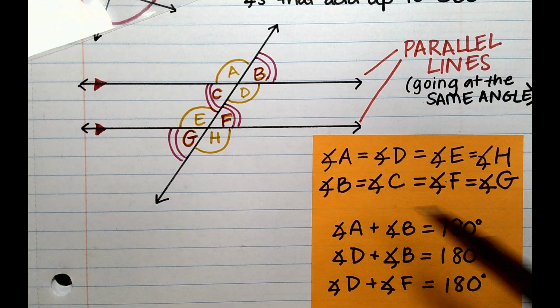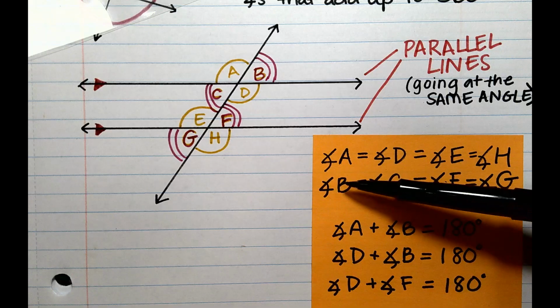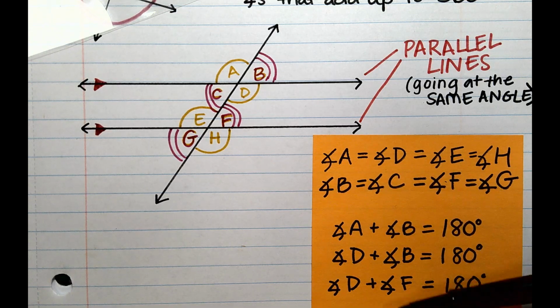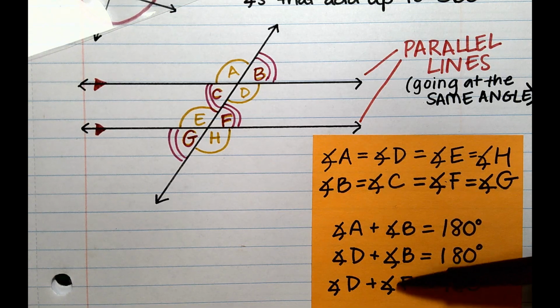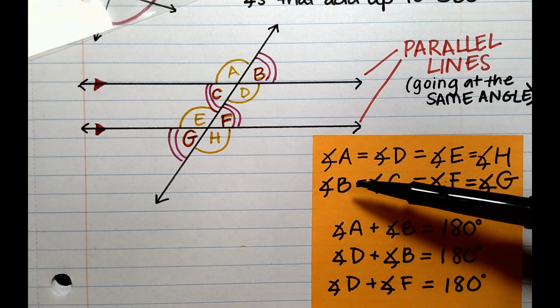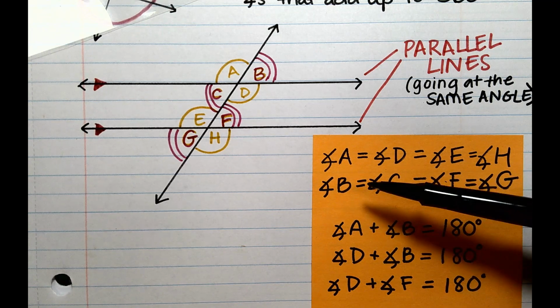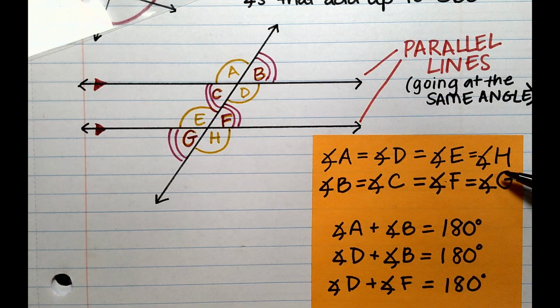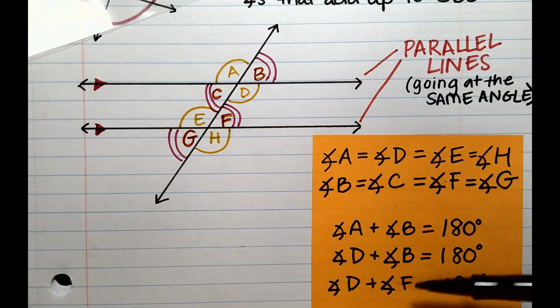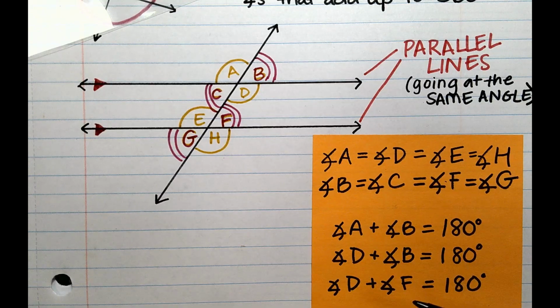I'm going to look at these relationships here. I have B as my second term in this equation. B is equal to C, B is equal to F, B is equal to G. As long as that second one is B, C, F, or G, it's going to be true because they're the same, right? So this last equation is true.